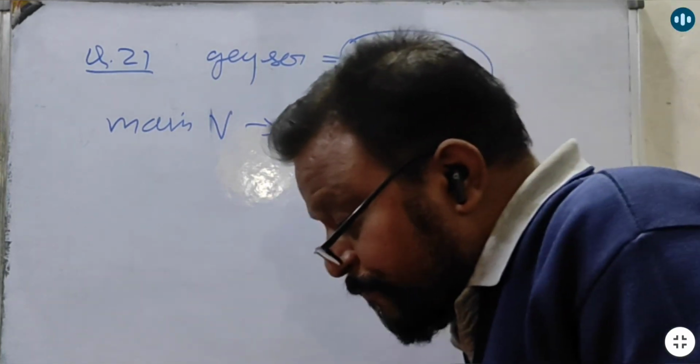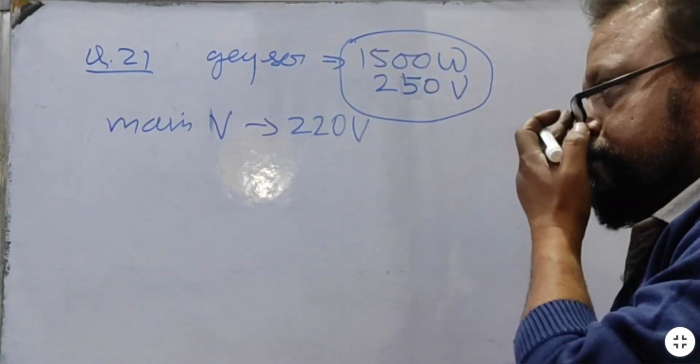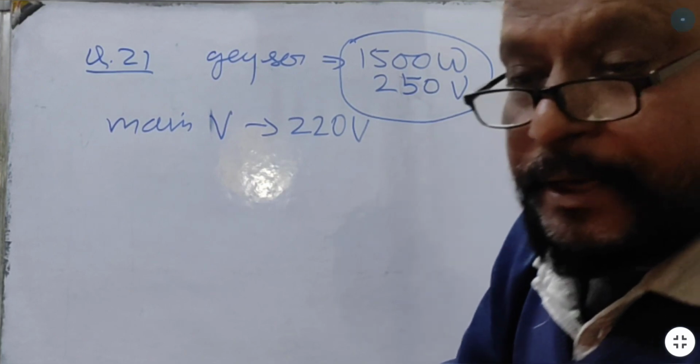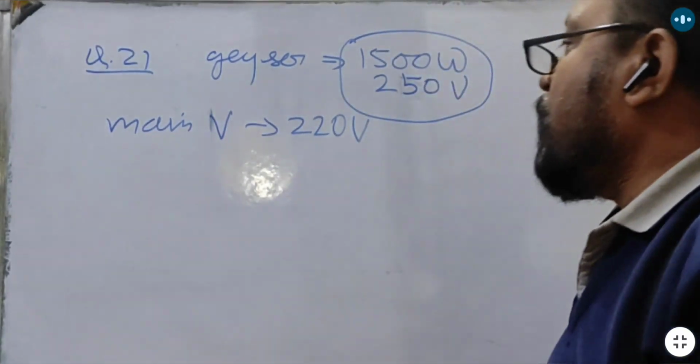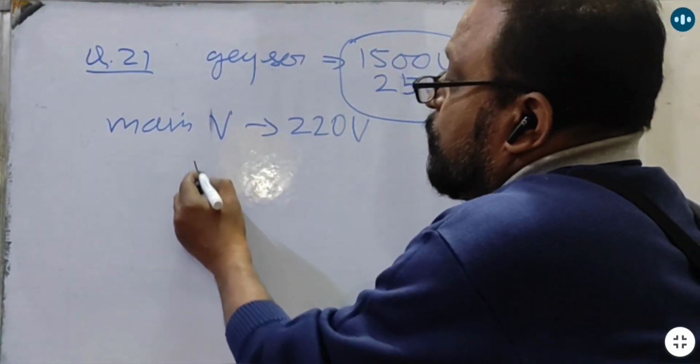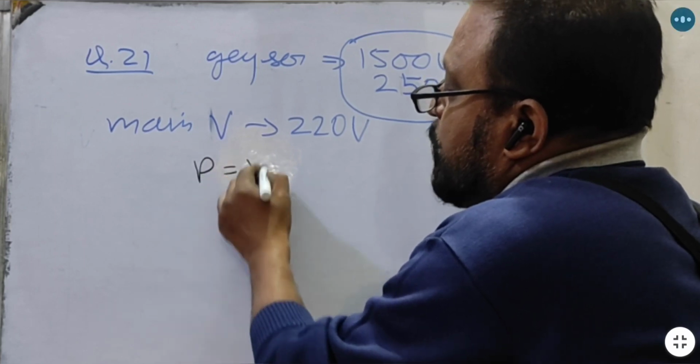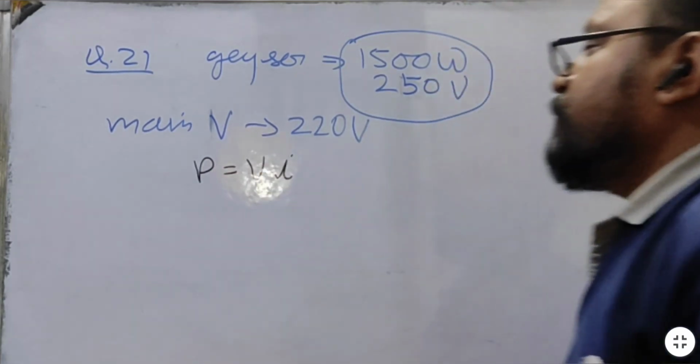So we have to find the I. So you know the formula that P is equal to VI, right?